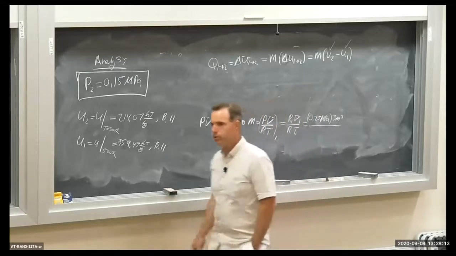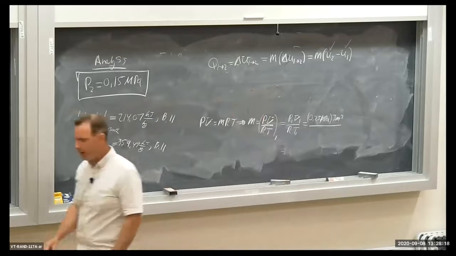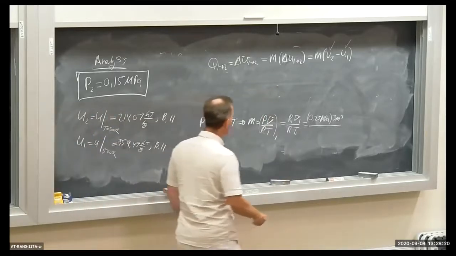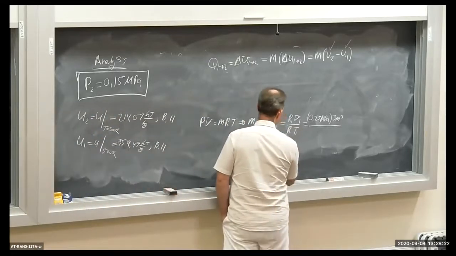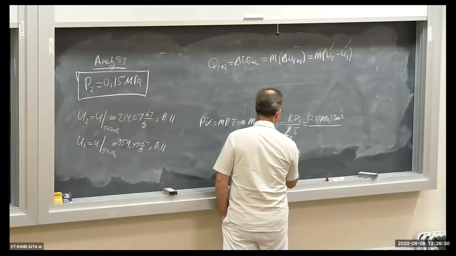Oh, the gas constant for air. Well, the gas constant for air is going to be the universal gas constant, R universal, divided by the molecular weight for the air.